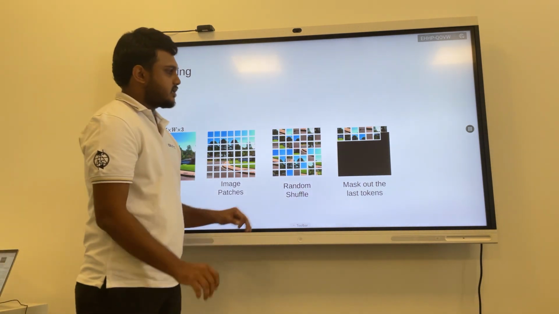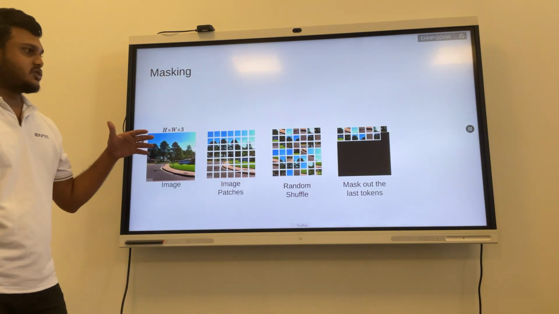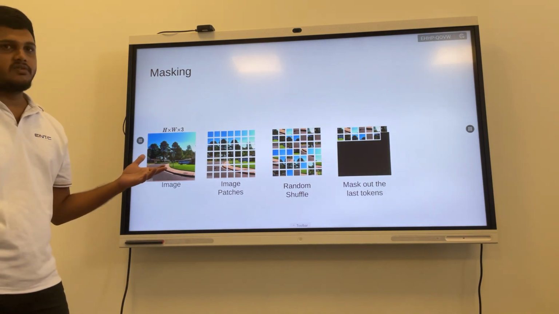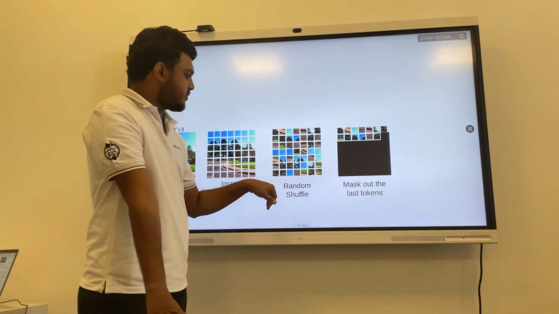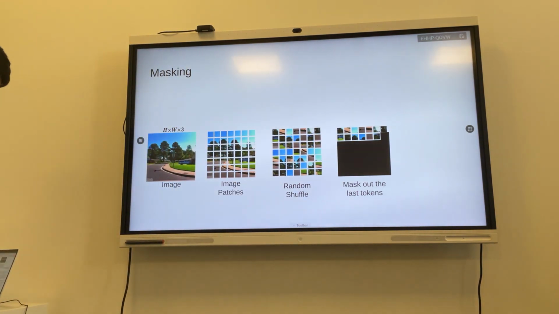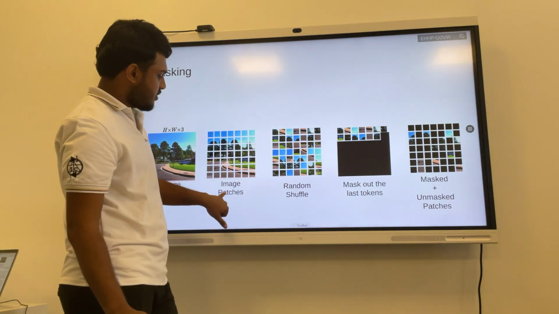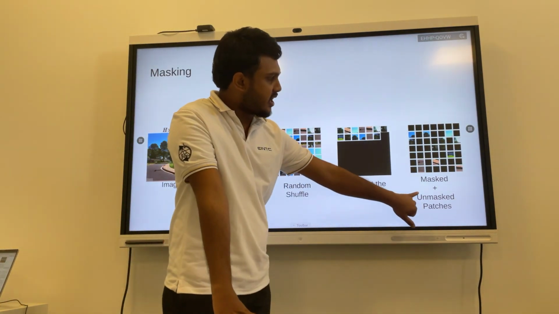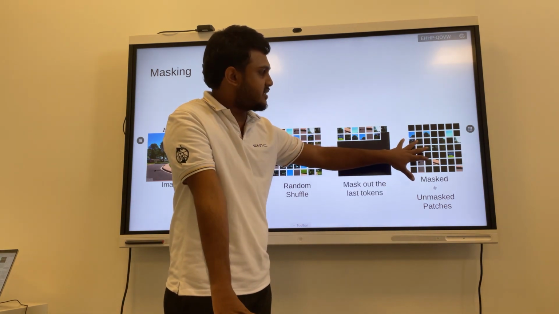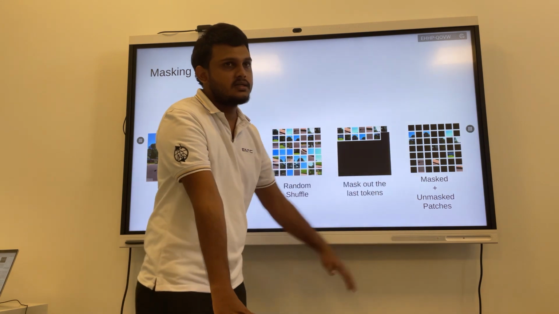Let's say in the paper you saw they are choosing a masking ratio of 75%. That means in the list of these patches they will simply mask out the last 75% of the patches. And then if we reshuffle and see, this is the original thing, and this is when we mask out. So you can see by simple interpolation the model cannot predict these patches, right?